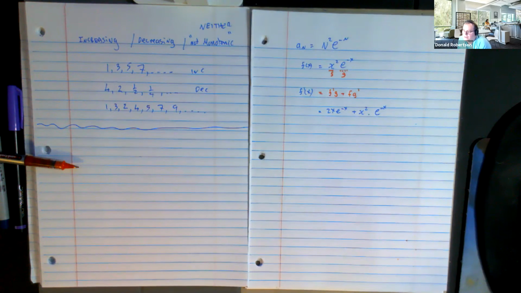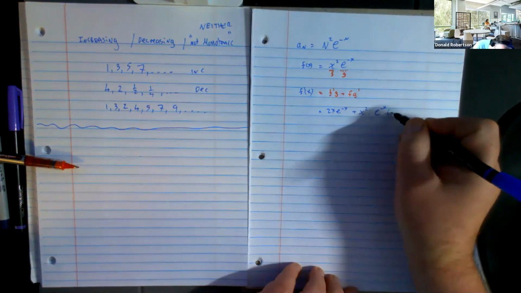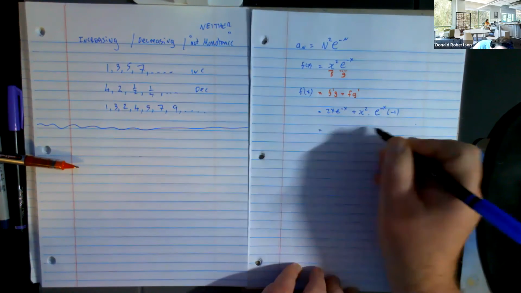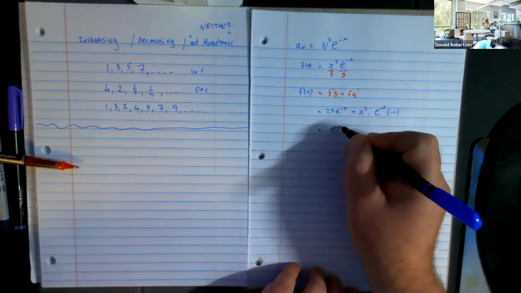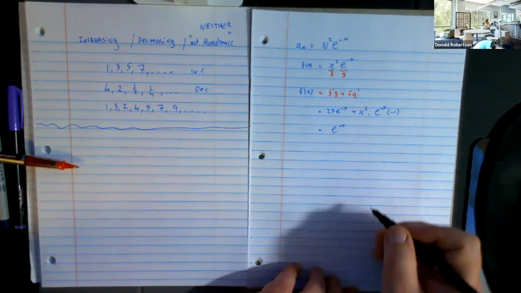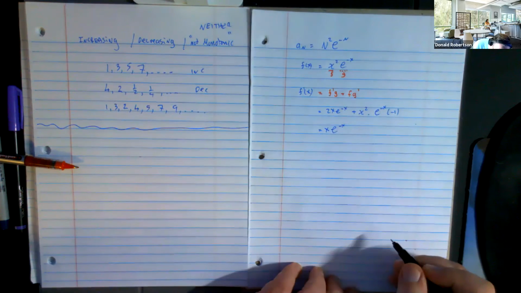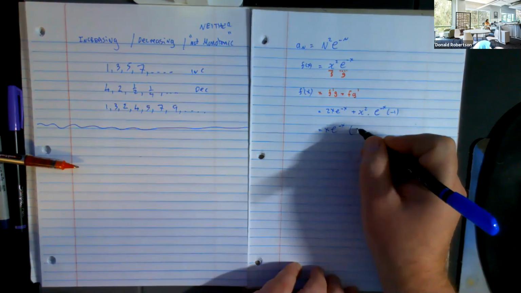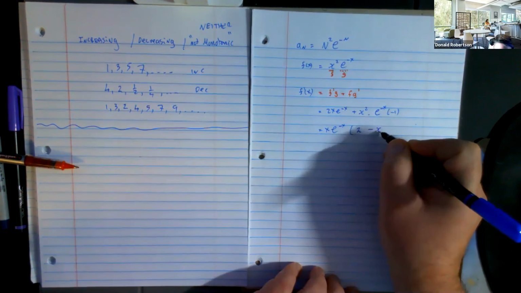But what else do you get? Times, correct, -1. So you put this together and pull out e to the negative x and an x as a common factor. You're left with 2 take away x.